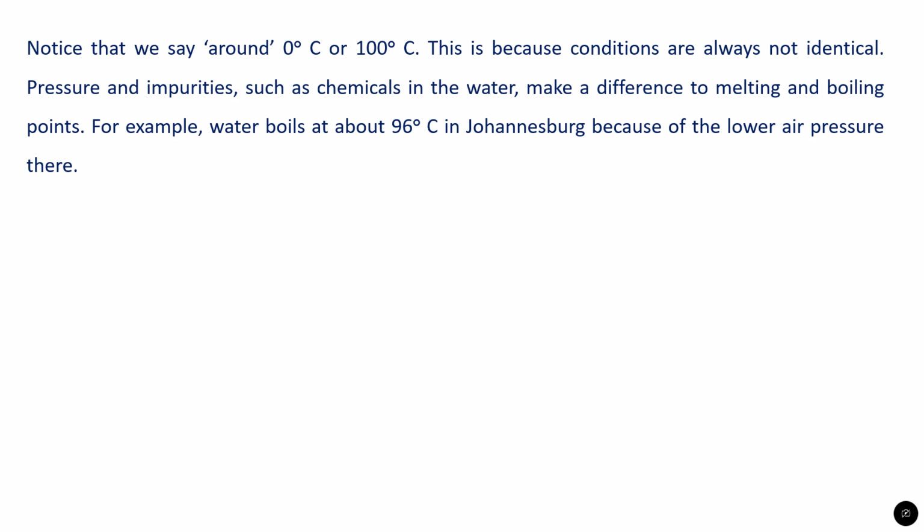But sometimes, in different conditions, it's not always identical. You can't always say that it's going to melt at 0 degrees Celsius or boil at 100 degrees Celsius, because you have to take into account the environment surrounding the boiling point and the melting point.